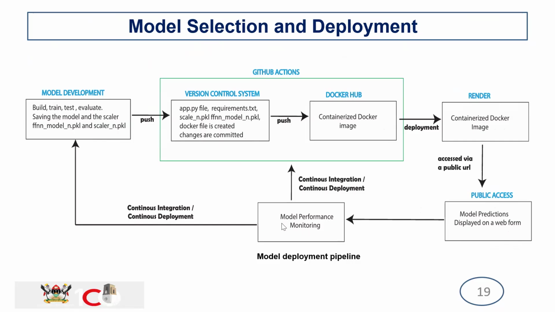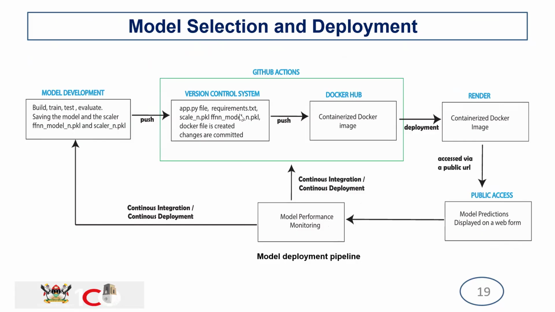Then I did model performance monitoring. For example, previously, the model was returning only normal VMs, even when I applied various data. But I went to the version control system. I accessed the app.py file. I made some adjustments in the app.py script, a Python script.